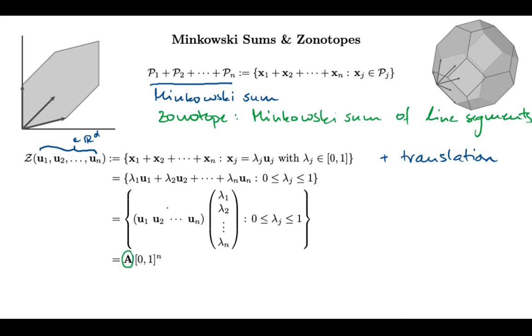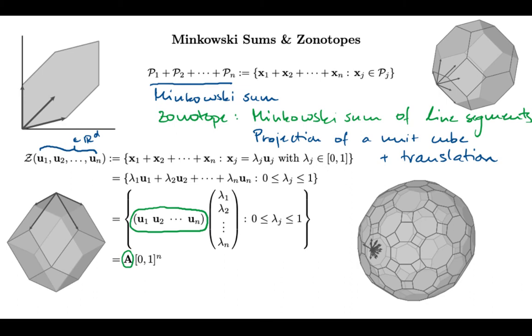And this matrix A is the matrix whose column vectors are the initial vectors U1 through Un. So this gives you an alternative definition. A zonotope is also a projection of some unit cube. And by some here, I mean you get to tell me the dimension. And then again, I can translate the resulting polytope.